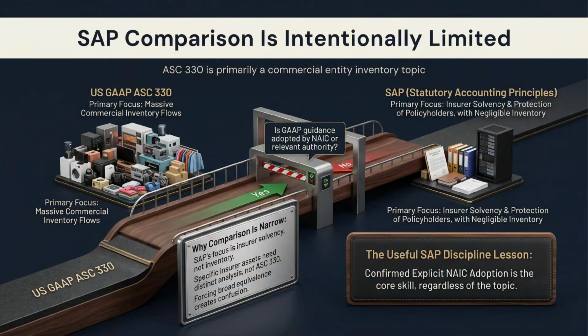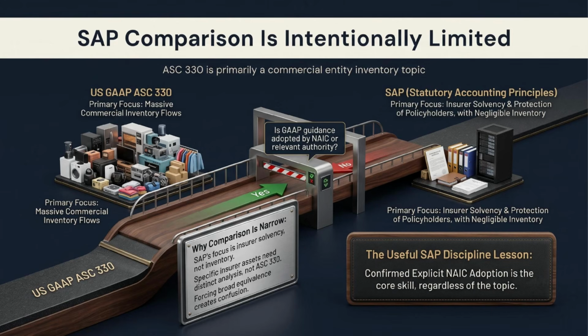The SAP comparison is intentionally limited for ASC 330. Statutory accounting principles are designed around insurer solvency and policyholder protection, not commercial inventory flows. Only GAAP guidance expressly adopted by the NAIC or the relevant statutory authority becomes part of SAP.